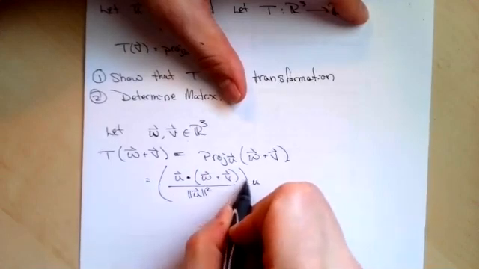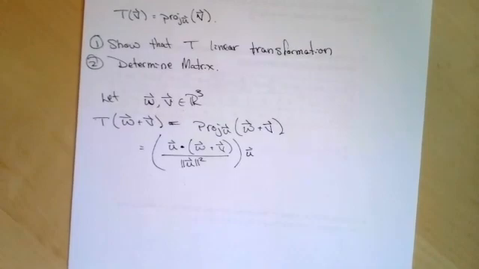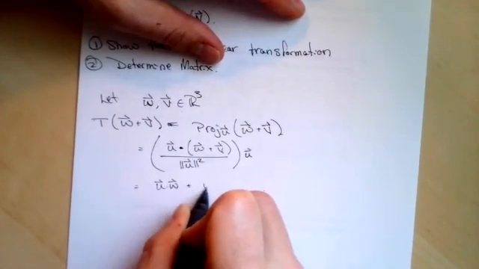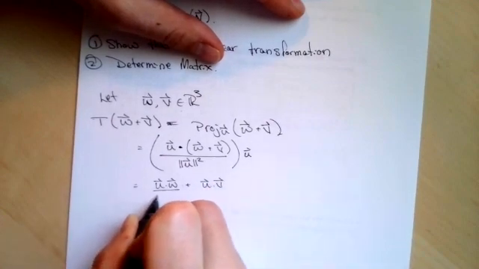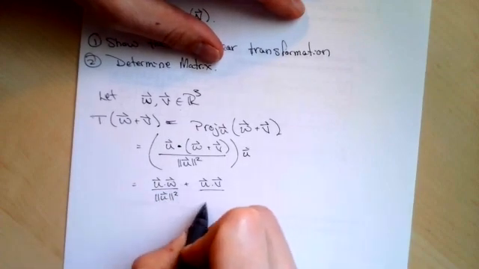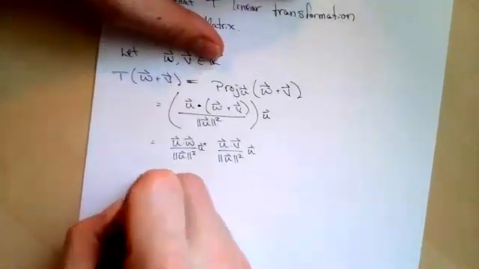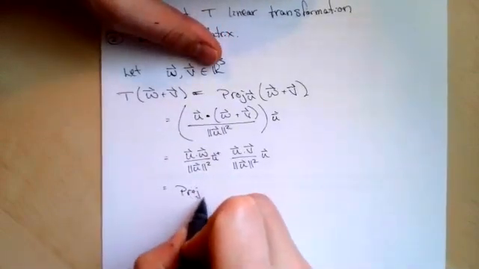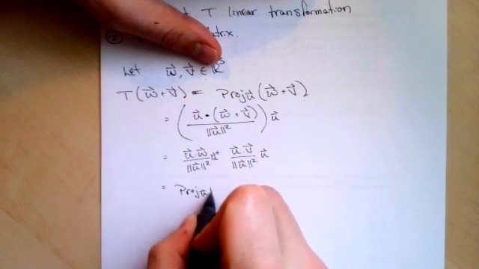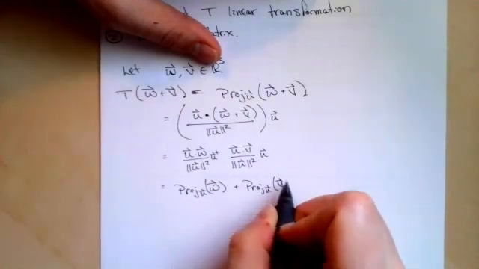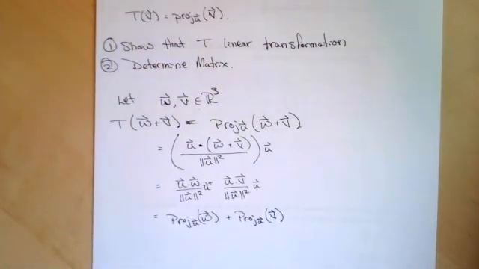That's our scalar component in the direction of U. And so by the linearity of the dot product, we'll get our linearity out of the projection. So it at least distributes over addition.